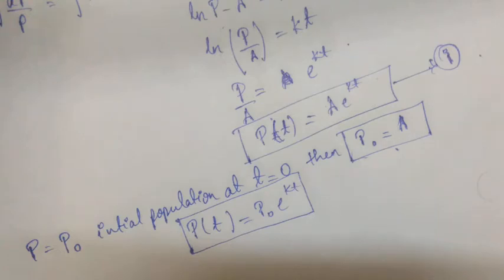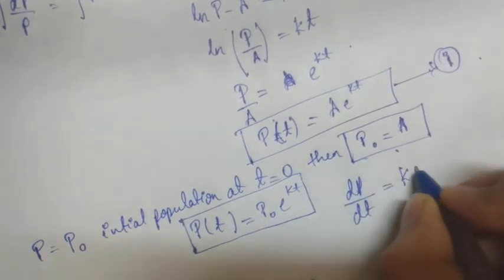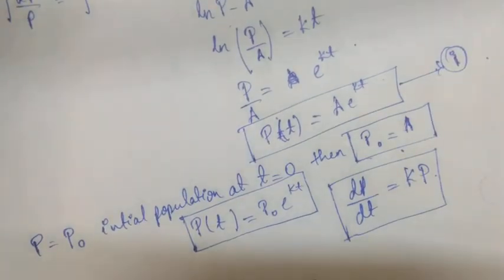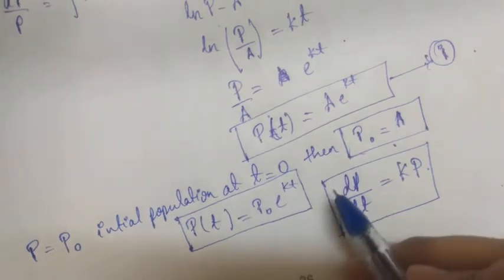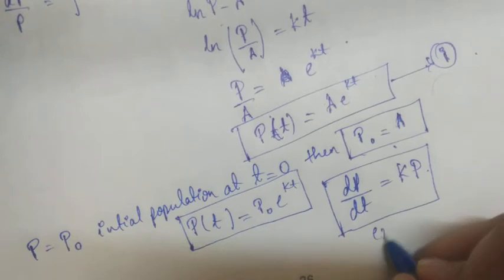Assuming P naught is positive, since k is also positive, P of t is increasing, that is, we can write it as dP by dt is equal to kP, and it is also called the exponential growth model. So this is the exact form of the exponential growth model.